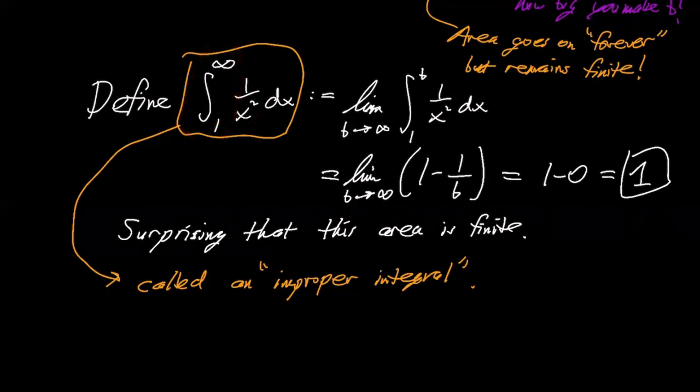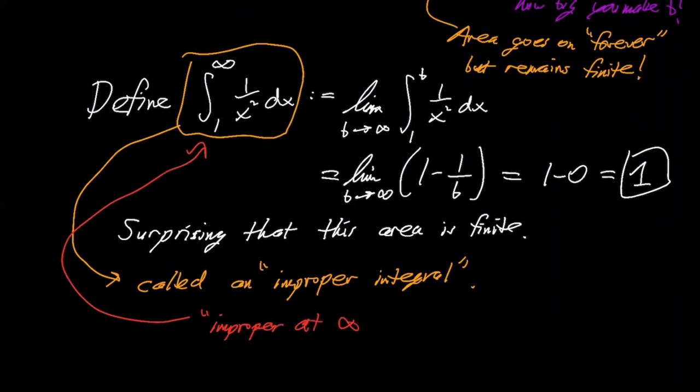We'll see it's possible to have finite bounds be improper too, but certainly infinity is the situation that's called improper, because it's almost like not having a right-hand bound. So we would say this is improper at infinity, because you're not supposed to be able to go to infinity.